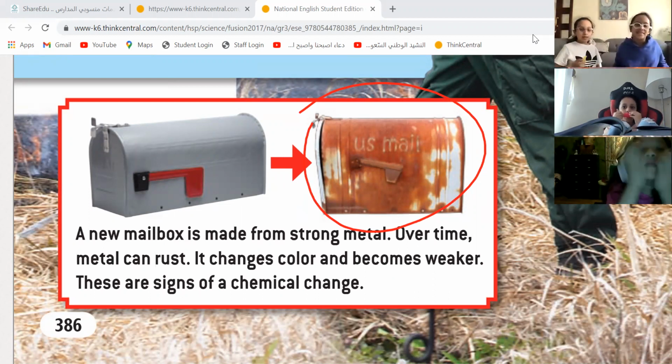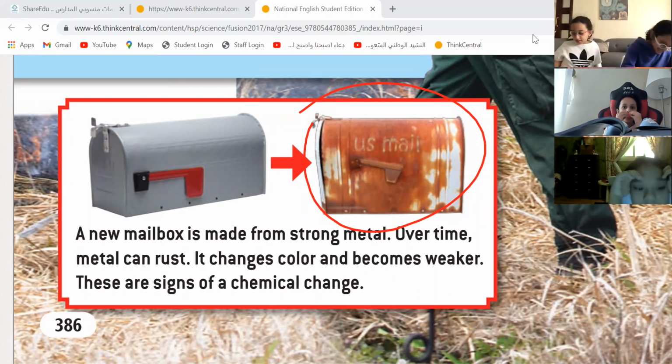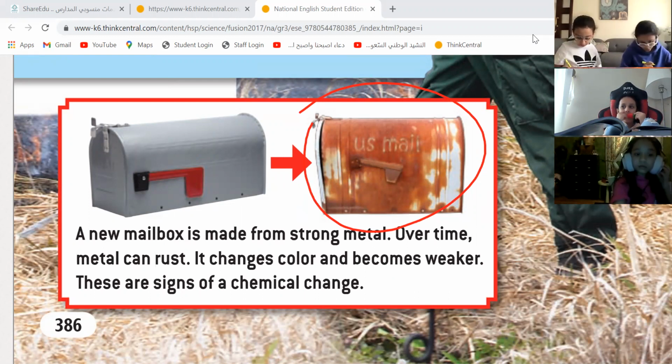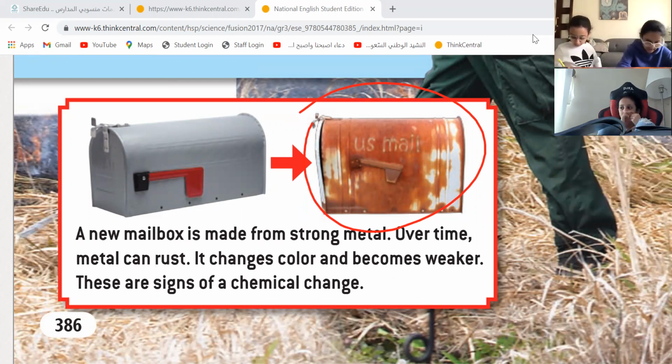Chemical change. Okay, it is chemical change, but we call it rust. Have you ever heard of the word rust? It is rusty. This metal is rusty. It means dirty. Okay, not really dirty, but the substance is changed to a completely different thing.